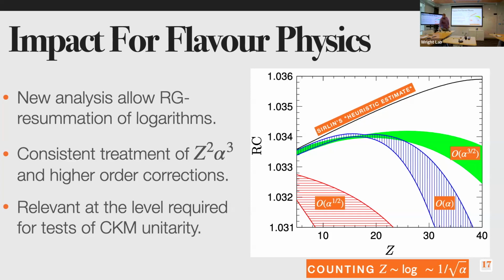So what they did to assign an error to this is they took the term at, I think, Z squared alpha cubed, and they multiplied it by 0.3. So they just took this coefficient and said, that's the last one, that's the highest order, and it's just in a footnote of Serlin's paper.